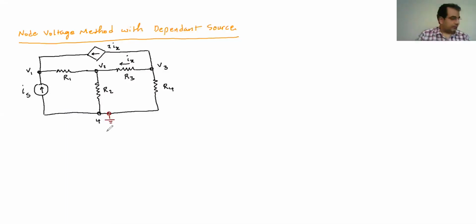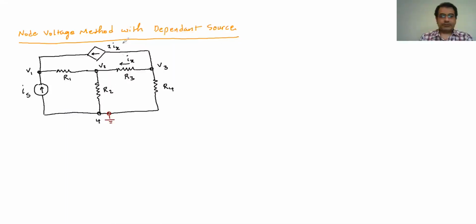When we deal with this kind of problem, where we have a current source that is dependent, the very first step is to just assume it is not a dependent source. Just assume it is like the other sources, and start to write the equations.